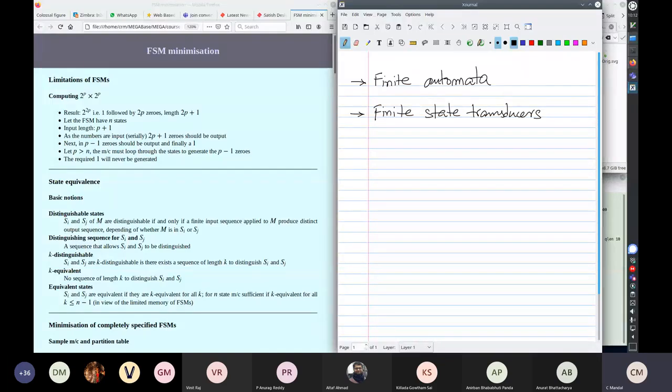So, are they computationally the same, or are they different? Can someone try to answer? Are finite automata computationally equivalent to finite state transducers, or are they different? Can you just think and tell me?